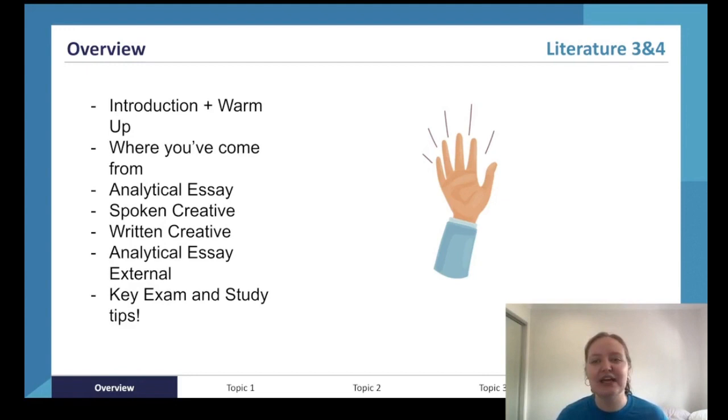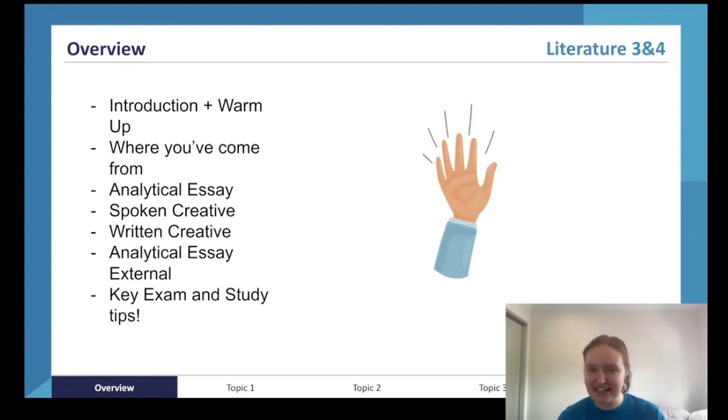Then we're going to have a little look at where you've come from, and it's going to allow us to set our minds up for looking forward into the next year of study and some of the stresses that come with studying a senior subject, any senior subject. Then we're going to walk through each of the different assessment pieces. We'll start off with our analytical essay, talk about our spoken creative, our written creative, and then finally the analytical essay external exam. And we're going to wrap up today with some key exam and study tips at the end. So I'm looking forward to getting through all of that with you.